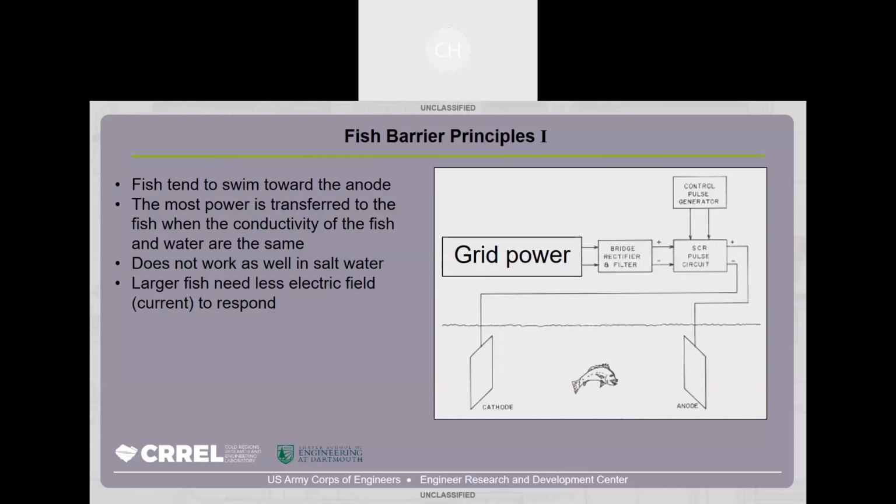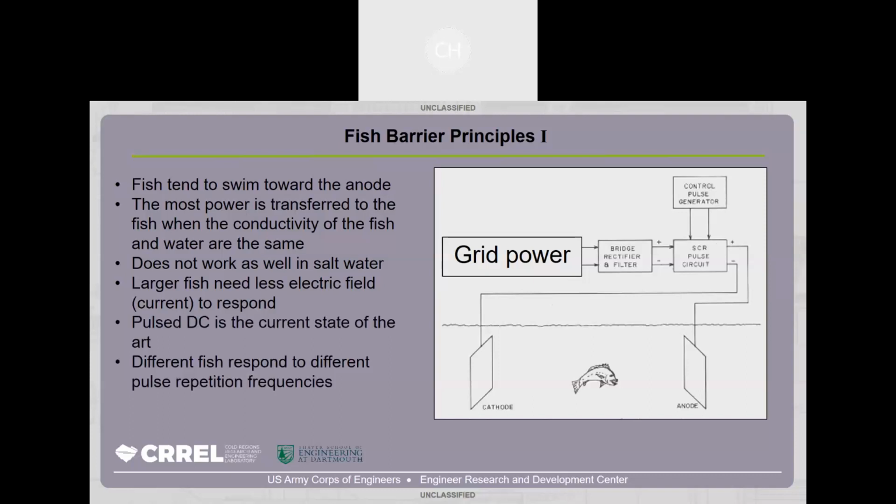We can think of this as a larger fish having a larger voltage drop across it, whereas for a smaller fish it'd be quite a bit smaller, so you'd need more current to go through. And right now, pulsed DC is the state of the art for various different reasons.